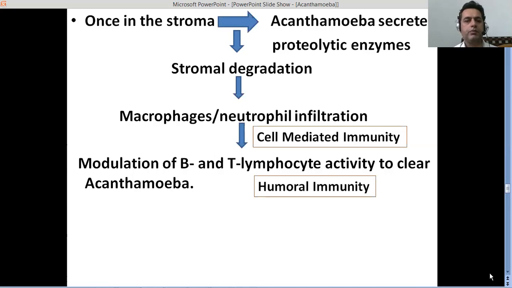So the balance of the microbes in the environment, and the availability of nutrients in the environment, is also dependent on these amoebas or acanthamoebas.